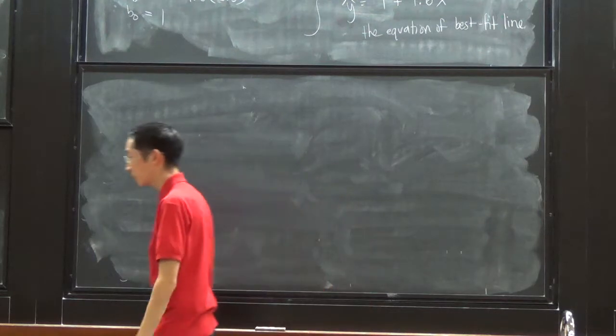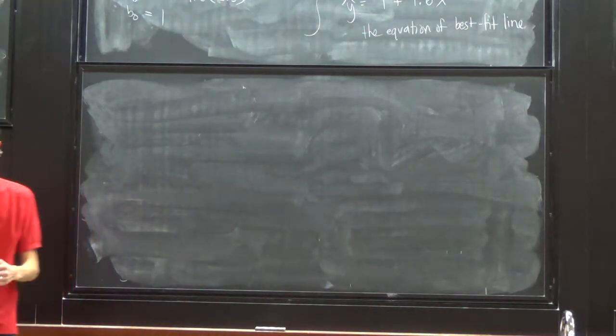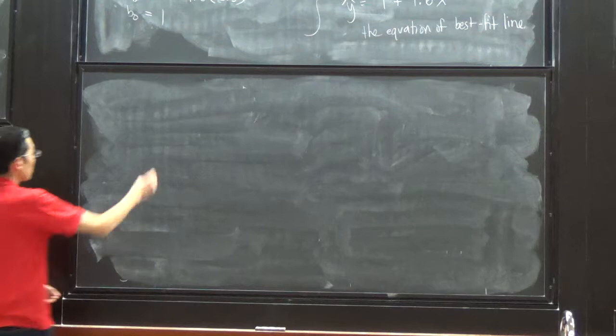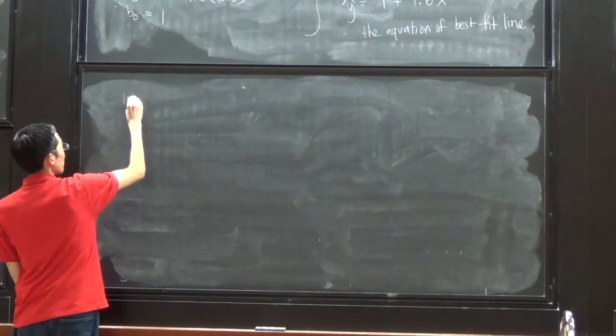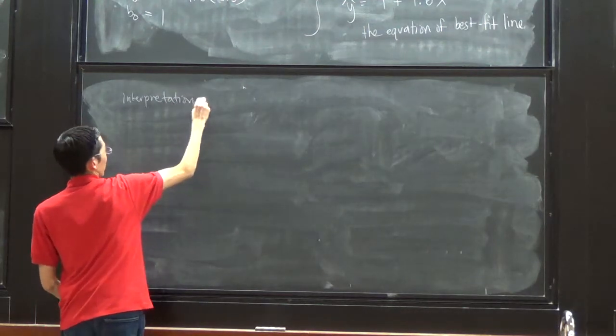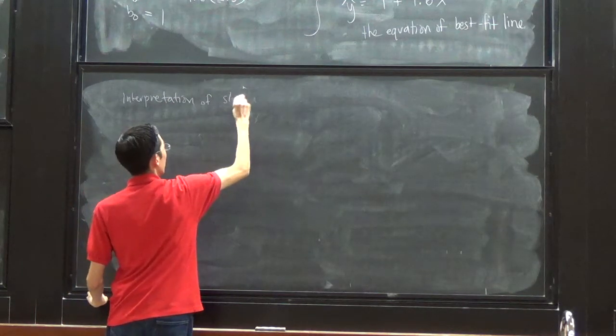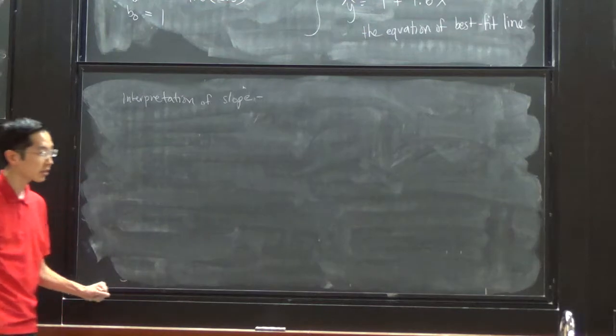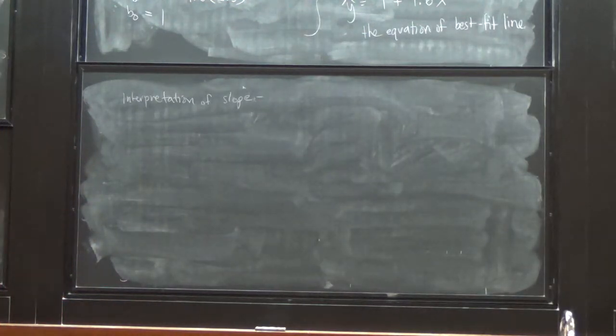So let me just provide interpretations of our slope and intercept. The interpretation of the slope: what does it mean that the slope is 1.6?